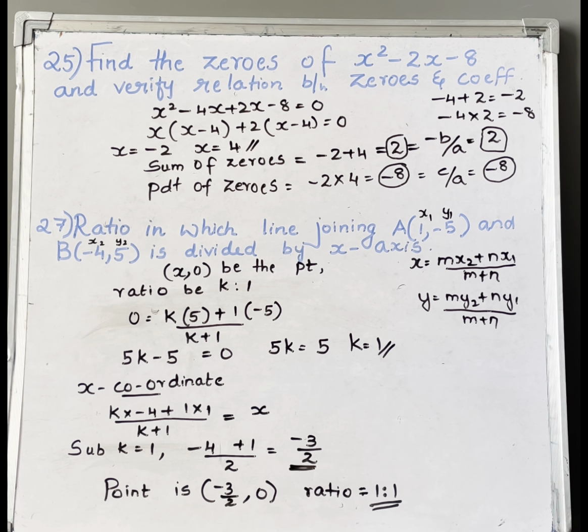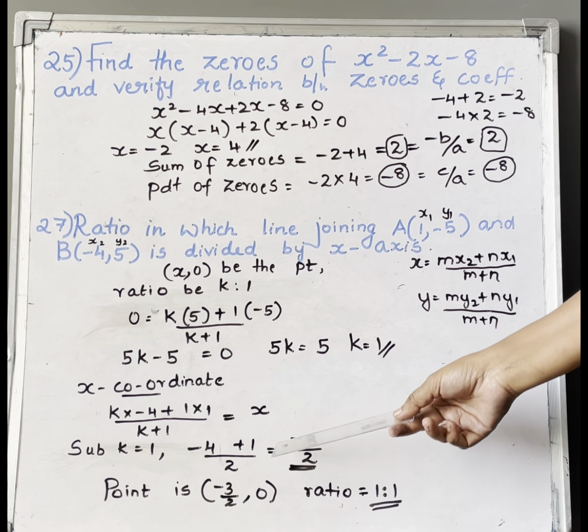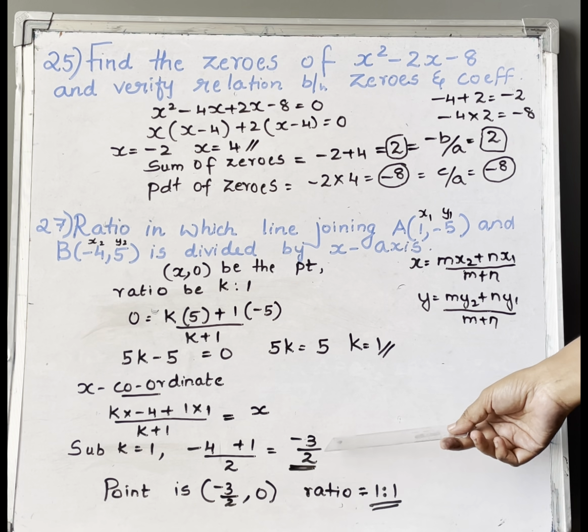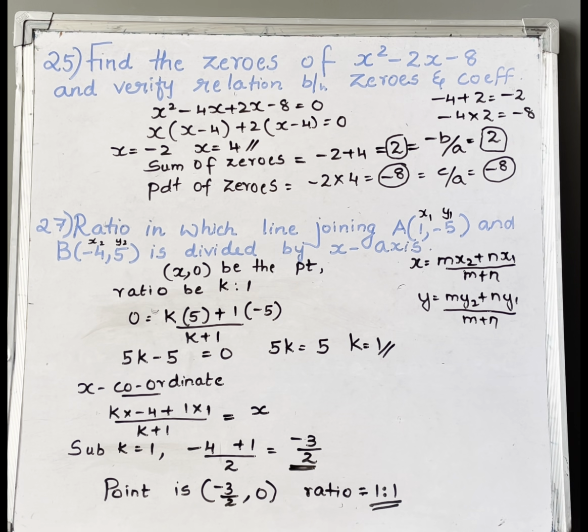So substitute k equal to 1. We get minus 4 plus 1 by 2, which is minus 3 by 2. So we got the point as minus 3 by 2, 0. So the point minus 3 by 2, 0 divides the line joining 1, minus 5 and minus 4, 5 in the ratio 1 is to 1.